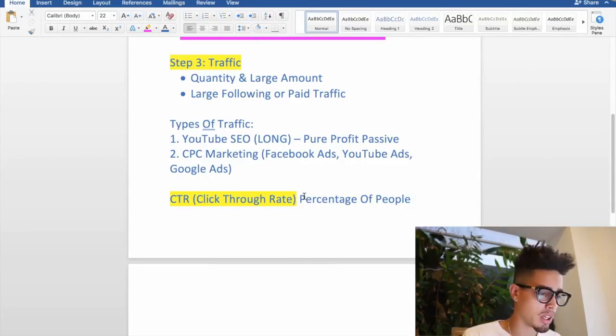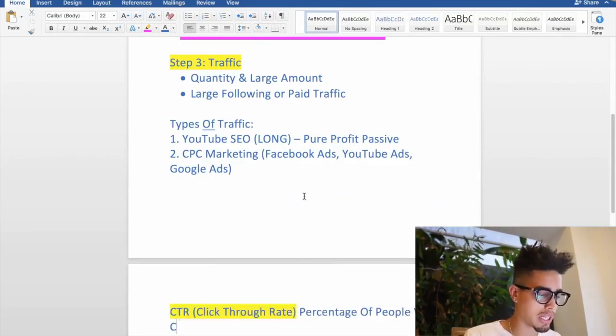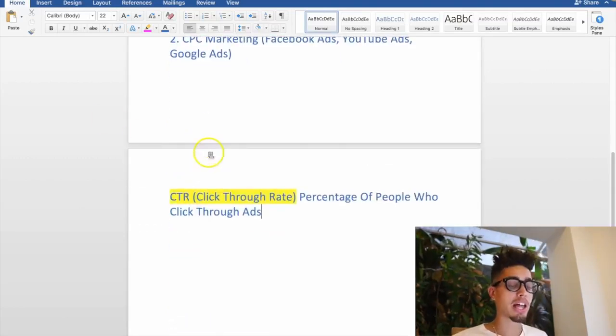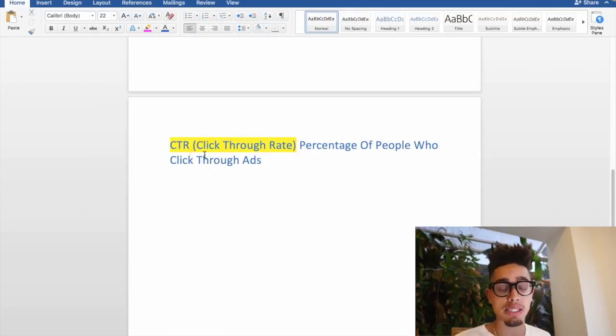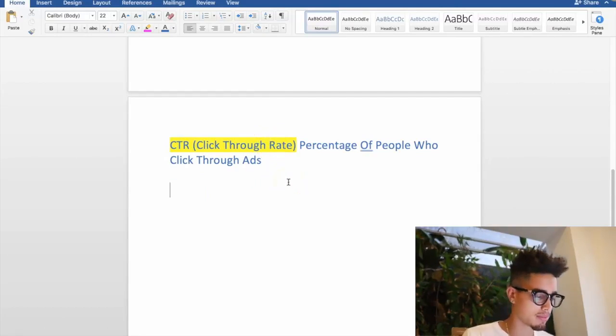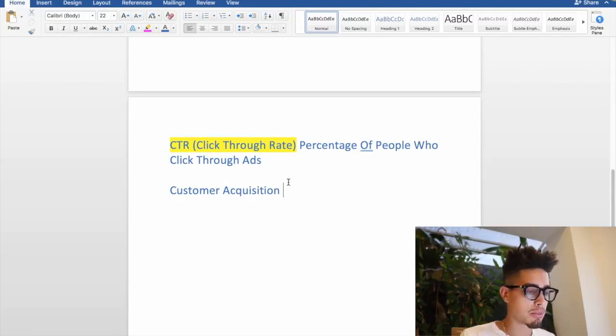Sorry about that. So the percentage of people who click through ads. Now the way to do this is with really good advertisement. The higher your click-through rate, literally the lower the cost per click. So the lower the cost per click, meaning the lower you're spending on customer acquisition.